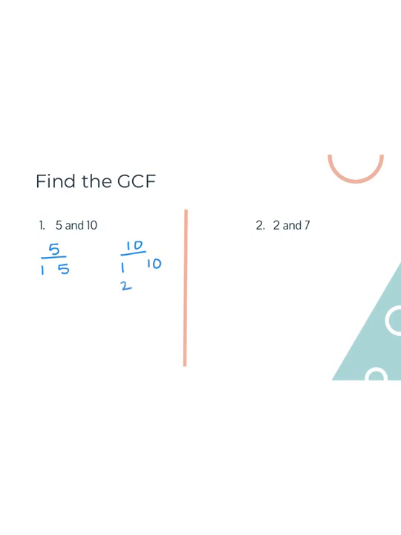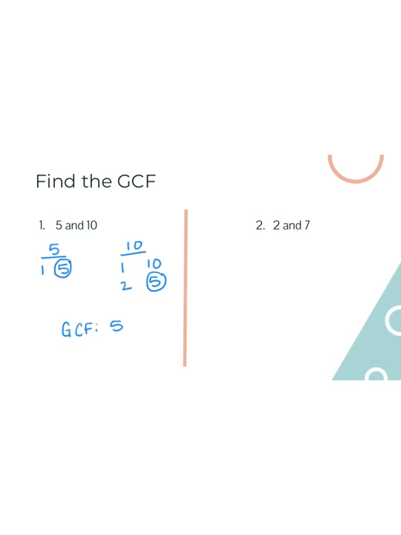I know 2 times 5 is 10. 3 won't go into 10. There's nothing times 4 that equals 10. And now I'm back at 5, but I already have a 5 on there, so I'm going to stop. So when I look at them, I have a 5 here and a 5 here. So I know my greatest common factor between 5 and 10 is 5.